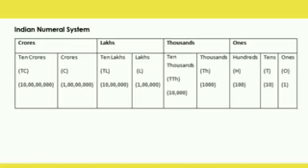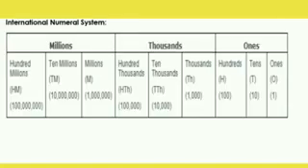The first period is the ones period consisting of three places: ones, tens, and hundreds. Other periods to the left of the ones period have two places each. But in the international system of numeration, all the periods have three places each.